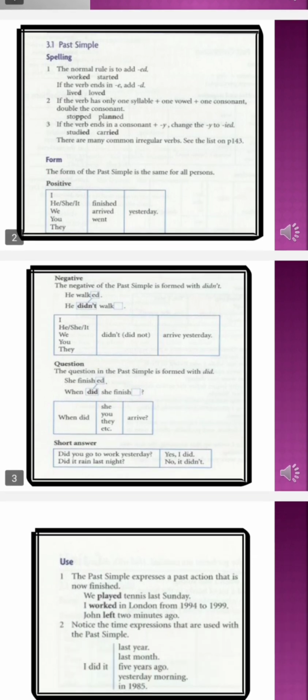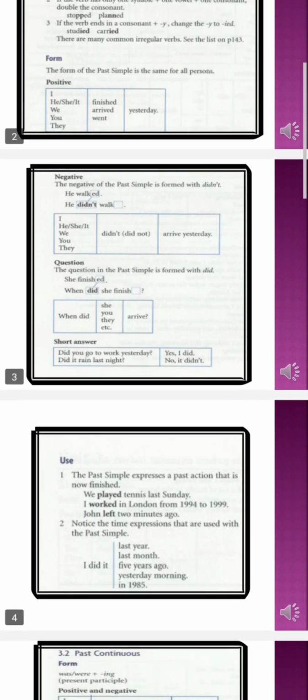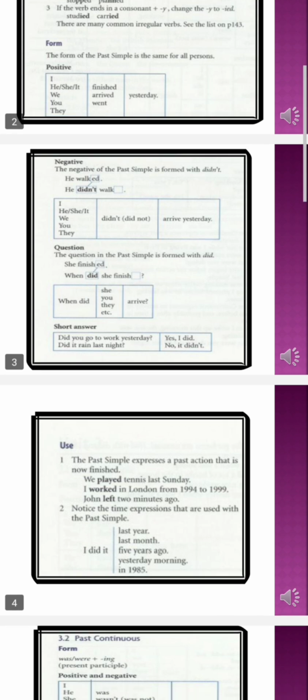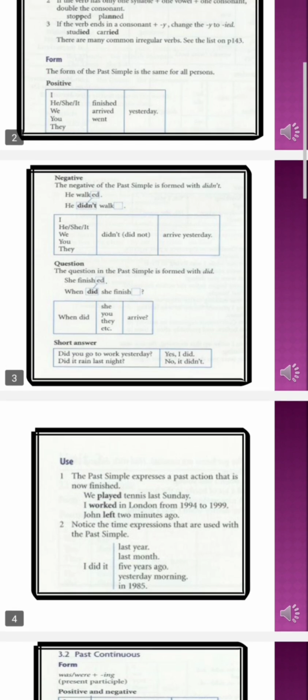Negative. The negative of the past simple is formed with didn't. For example, he walked. It will become a negative: he didn't walk.